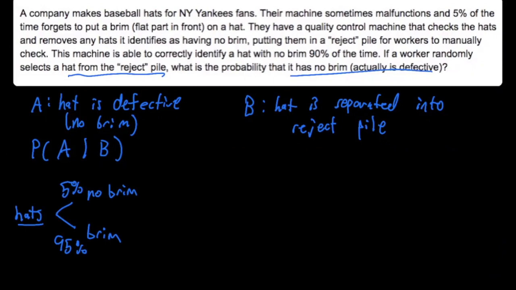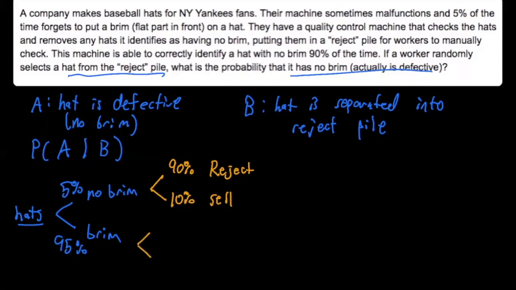So for this stage, let's assume that it has no brim at that point. So we're going down one of the branches of this tree. If it has no brim, then 90% of the time, the machine correctly identifies it and puts it in the reject pile. 10% of the time, the machine misses it and it goes on to sell. So it goes on the sale floor.